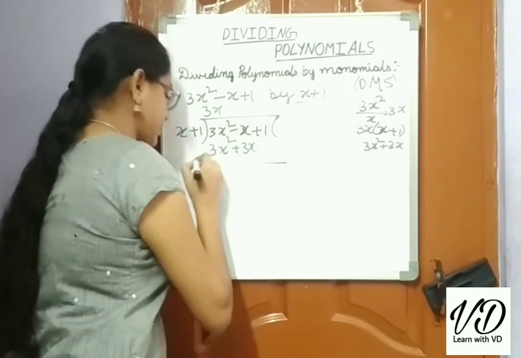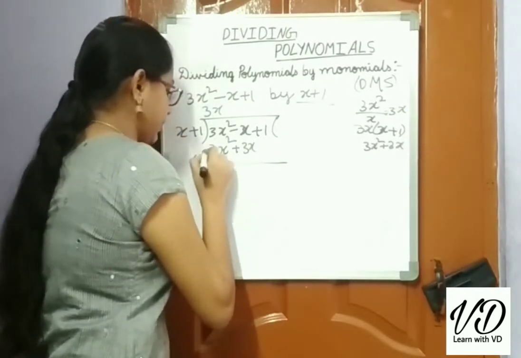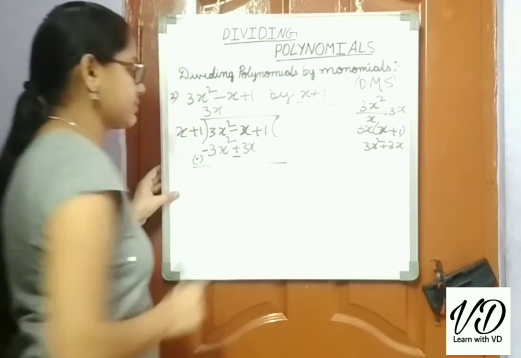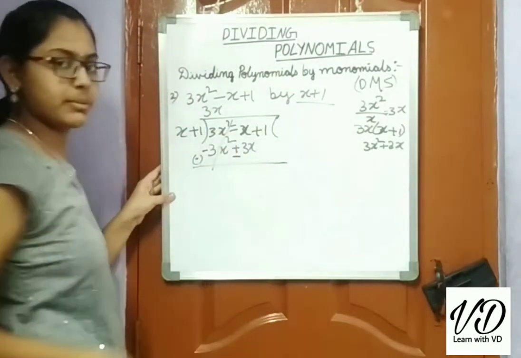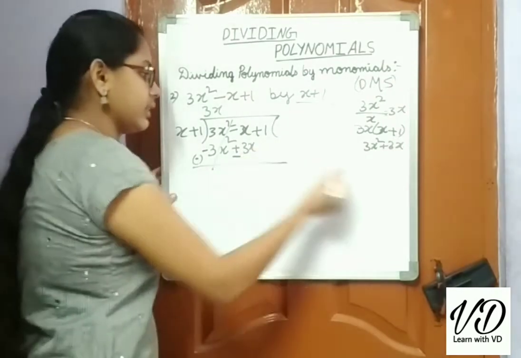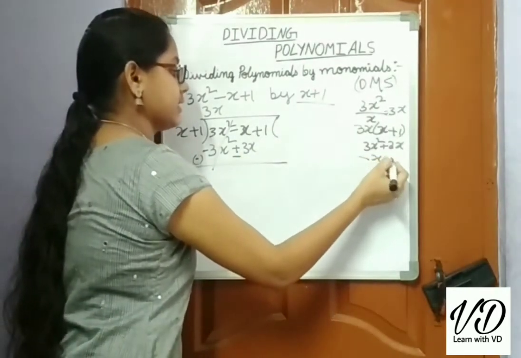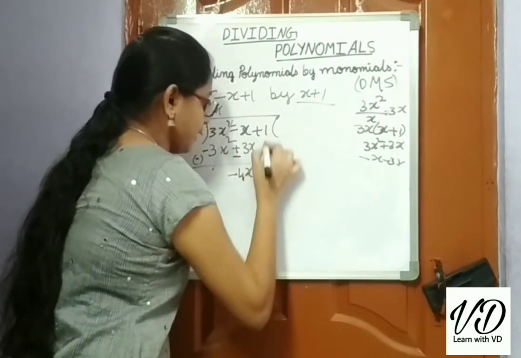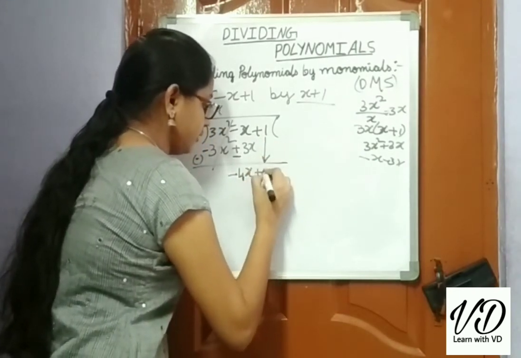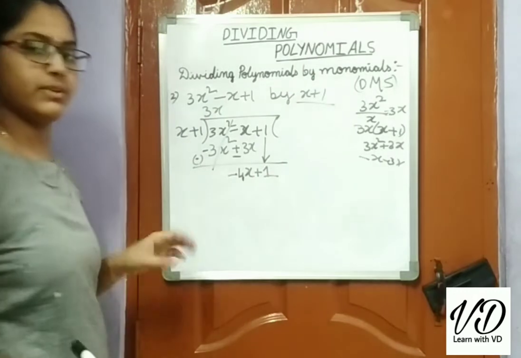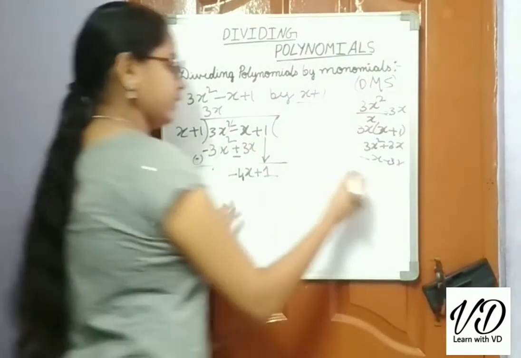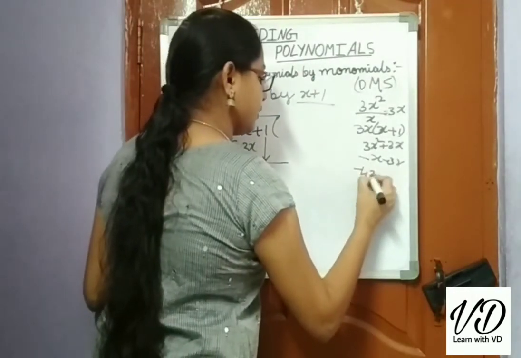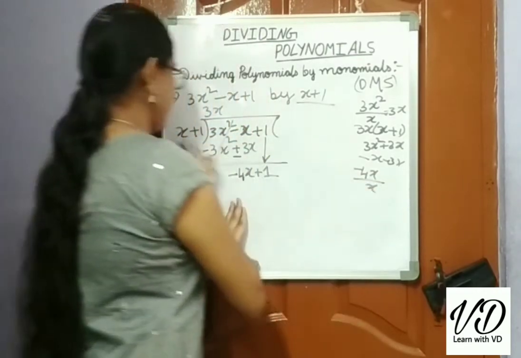Here we need to subtract. So I get a negative sign here and a negative sign here. 3x square and minus 3x square get cancelled. Here I get minus x minus 3x, that is minus 4x. Taking down 1, we get minus 4x plus 1. Again we need to divide minus 4x by the first term x.